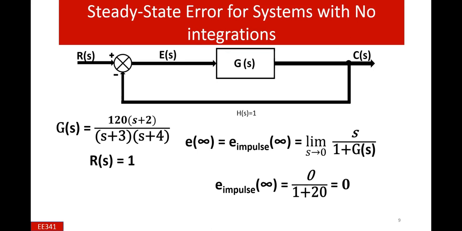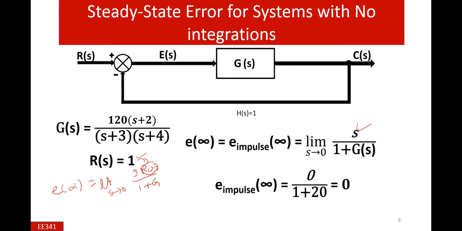The Laplace transform of the impulse function is 1, and if we find the steady state error, which is the limit as s approaches 0 of s times R(s) over 1 plus G(s). Here R(s) is 1, so we have this type of function.